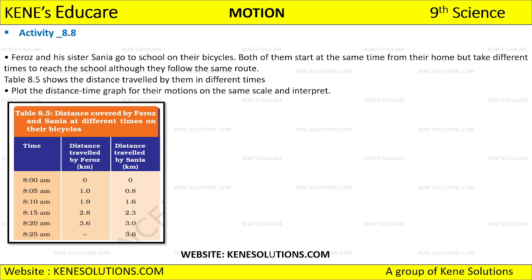Here we have Firoz and his sister Sania going to school on their bicycles, and both of them start at the same time from their home but take different times to reach the school, although they follow the same route. Table 8.4 shows the distance traveled by them in different times. Plot the distance time graph for the motion on the same scale and interpret. Firoz took 20 minutes, but Sania took 25 minutes, right? So whatever they have given over here, you just have to plot a graph for the same.